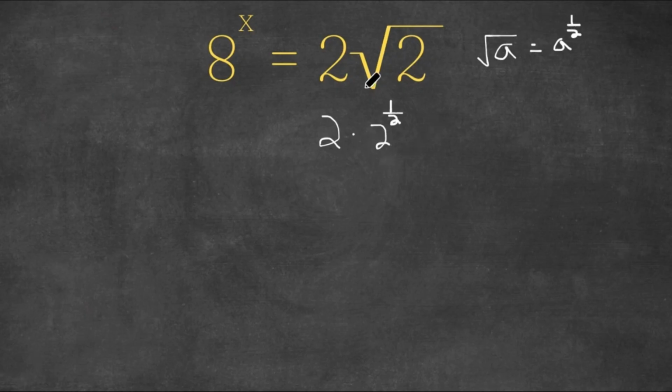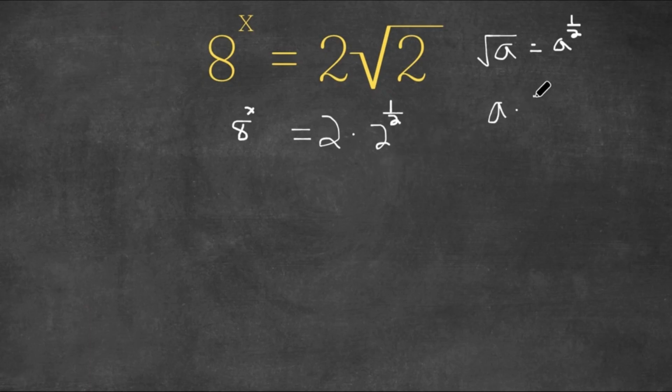So knowing this, now that side is 2 times 2 to the power of 1/2. This side is still 8 to the power of x. Now, 2 times 2 to the power of 1/2, how would we solve that? Well, let's say we have the variable a.